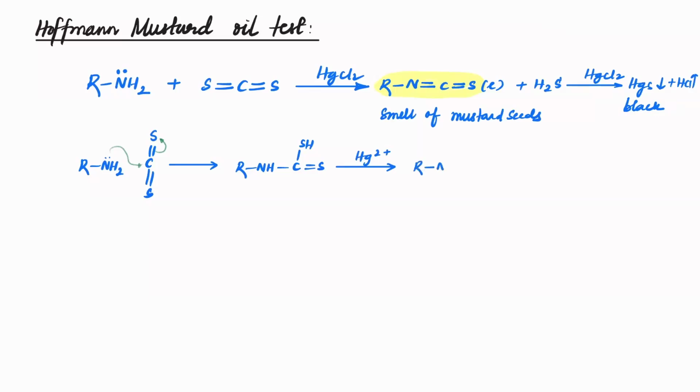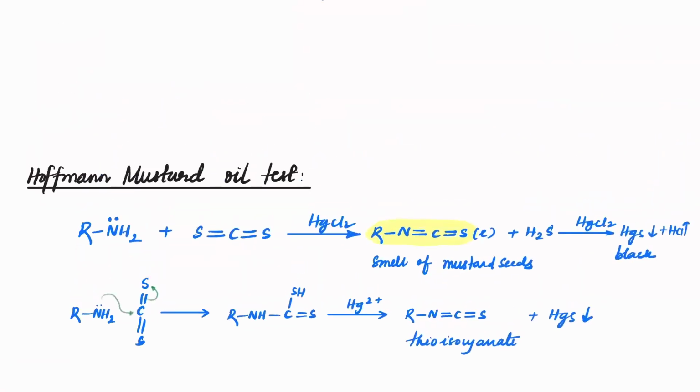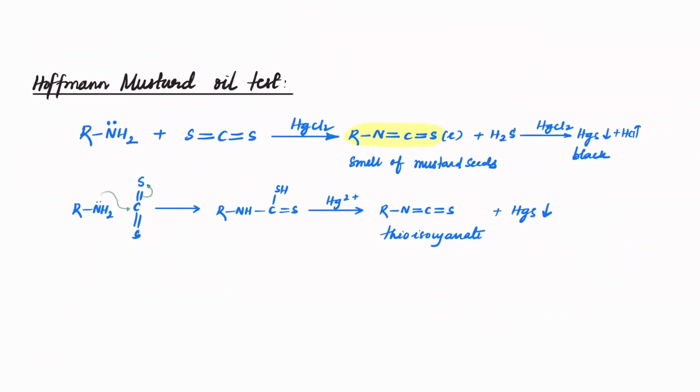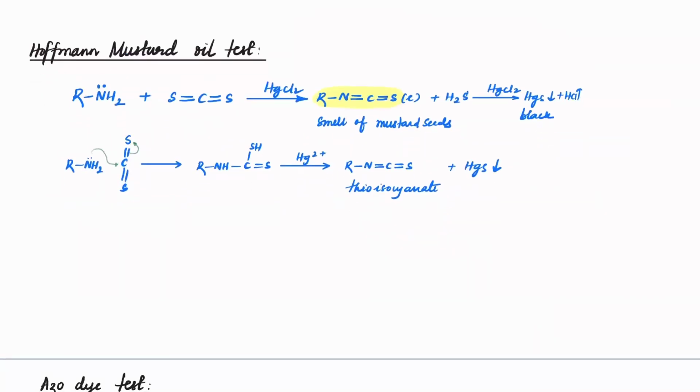It will give you RN double bond C double bond S. How do we read it? This is thioisocyanate. So this is thioisocyanate plus that HgS will form a precipitate. So this is how you get the product. Clear? So this is the Hoffman mustard oil test. Simple one.